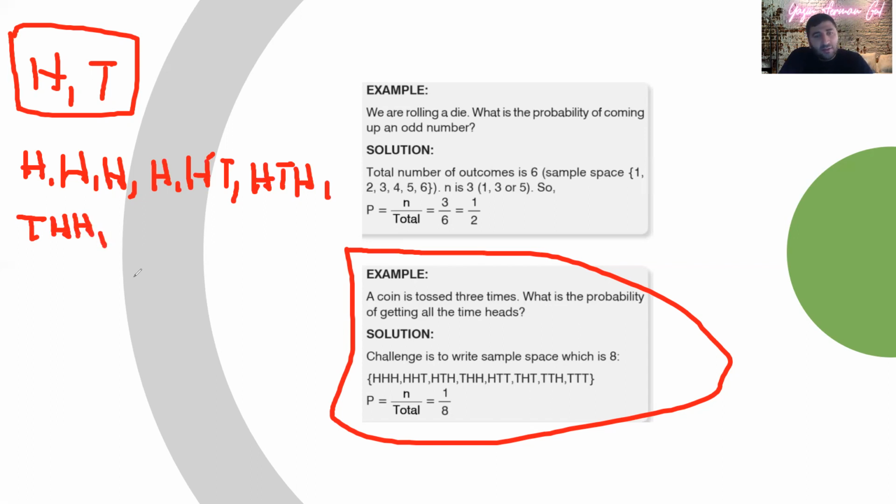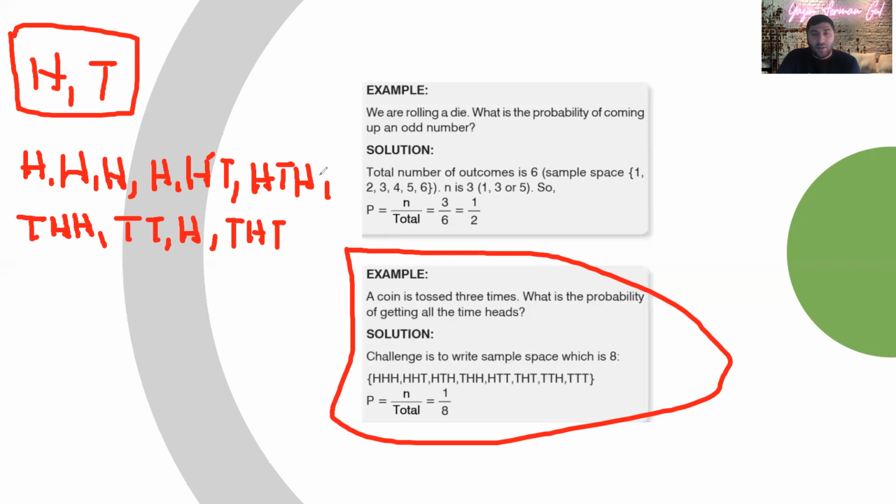Now when you toss the coin, the other option will be this: you get tail, second time it can be tail, but the third time it can be head. Or it can be tail, head, and tails. That's also one of the options.